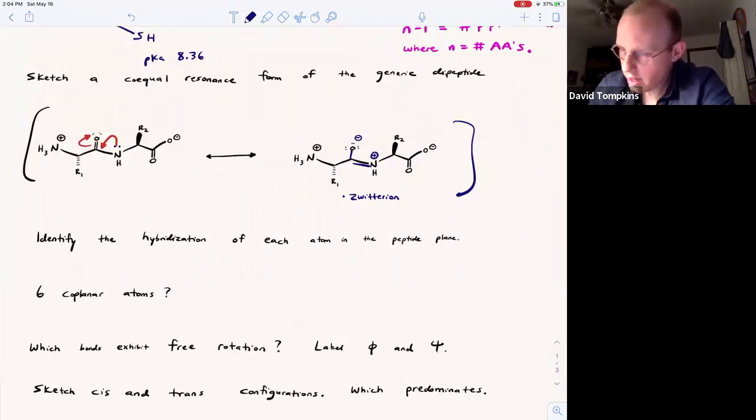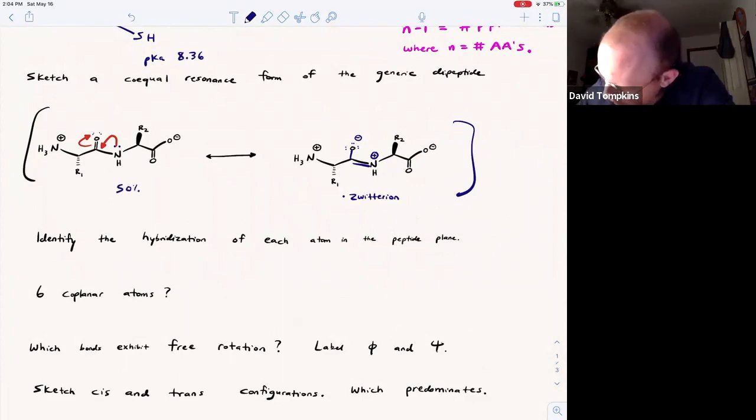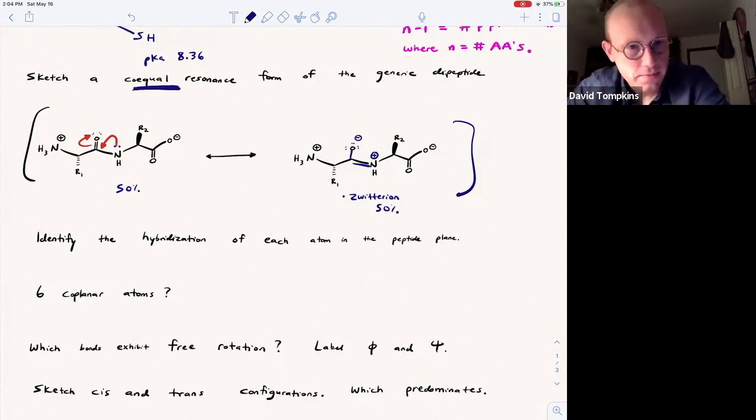And it turns out that the true molecule is represented equally by the neutral and the formally charged zwitterion, where these are co-equal resonance structures.